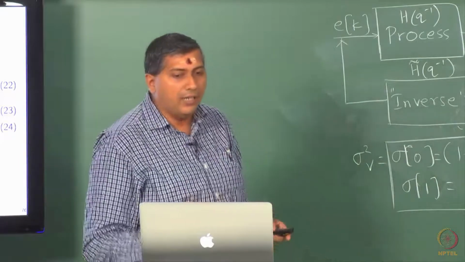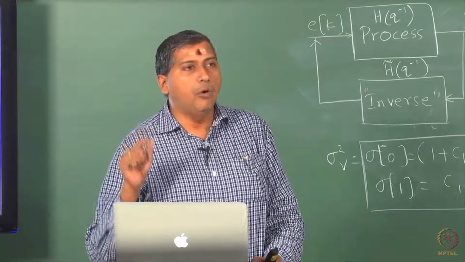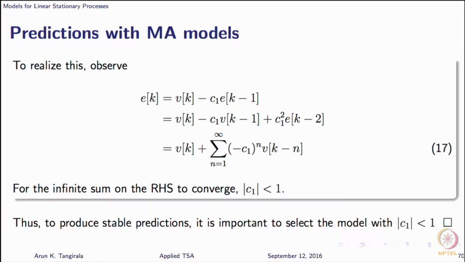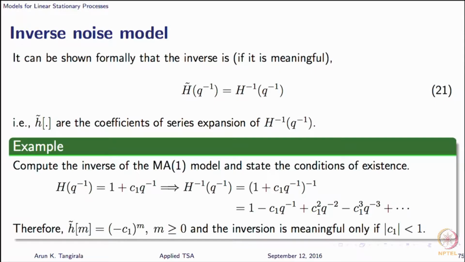So, here earlier, if you go back to the previous slide, we wrote this prediction equation specifically for MA1. But now if I am given a general H, how do I write the forecast equation? And the way you do that is using this notion of inverse.